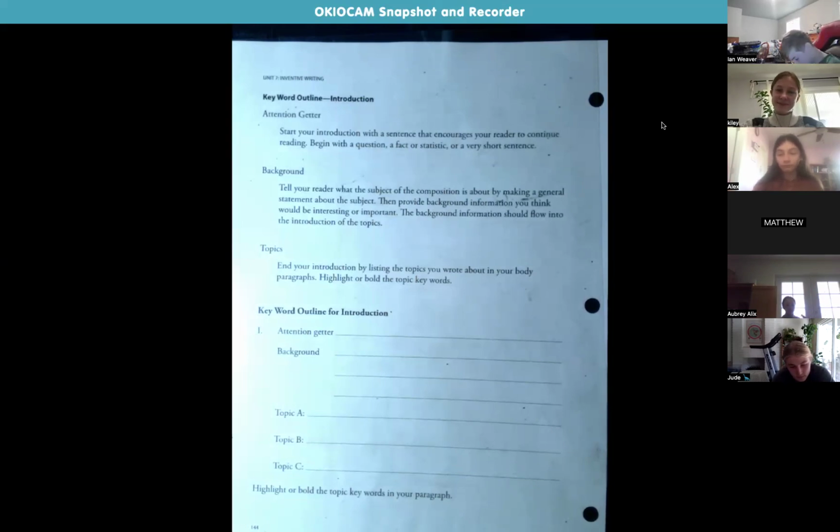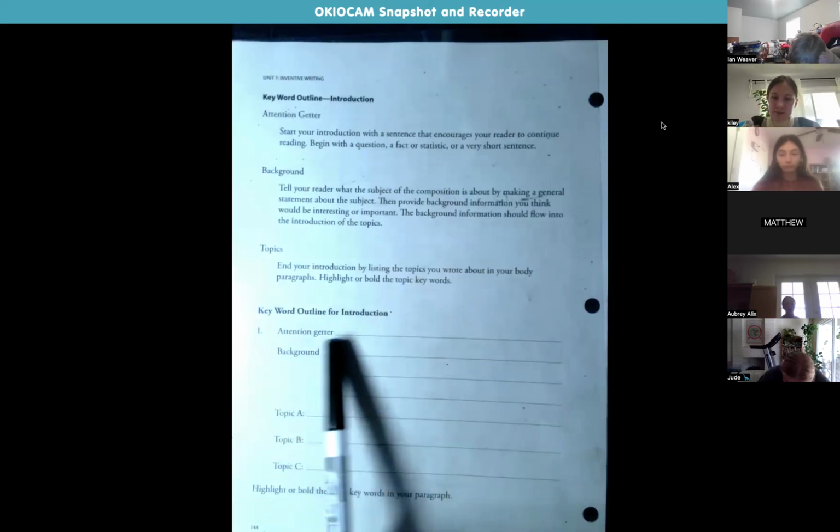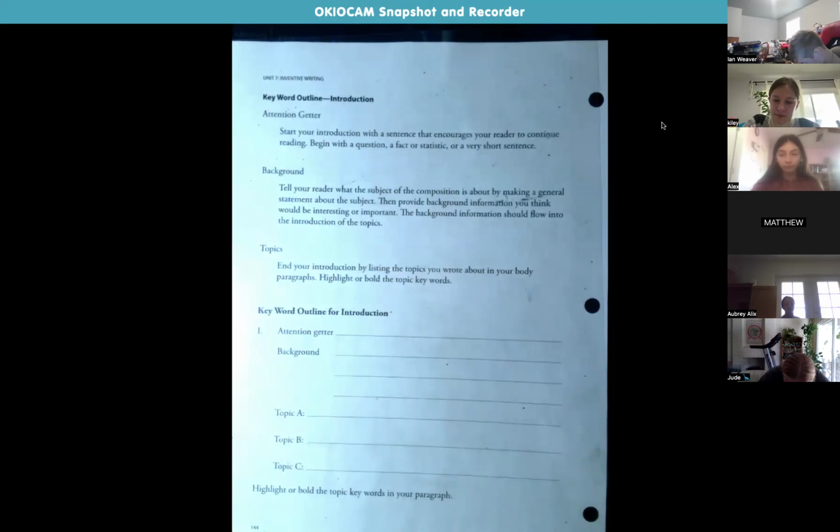Eventually we're going to write a letter, and that'll be a perfect place for something like that. For this one, it needs to be pretty straightforward. But I do like the idea of an attention getter catching somebody's eye. If anywhere, you could do it in that very first sentence, to draw you in and make you want to read more.